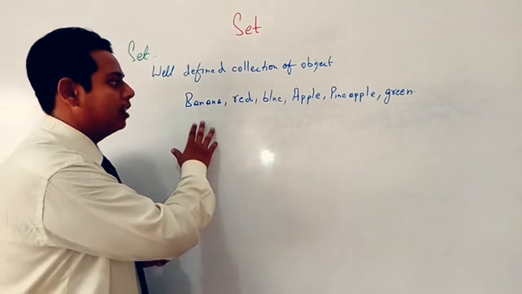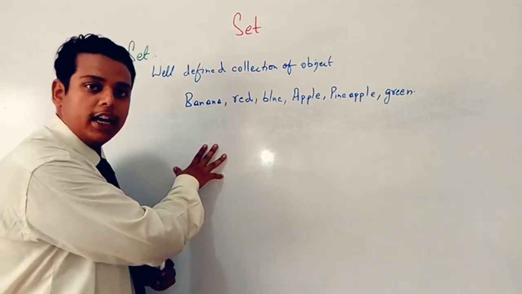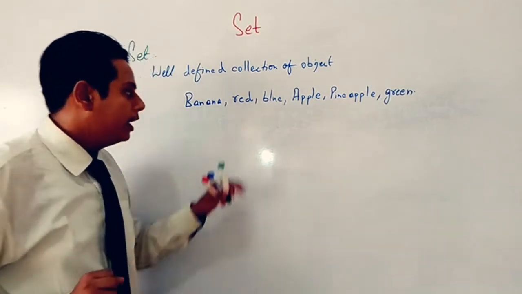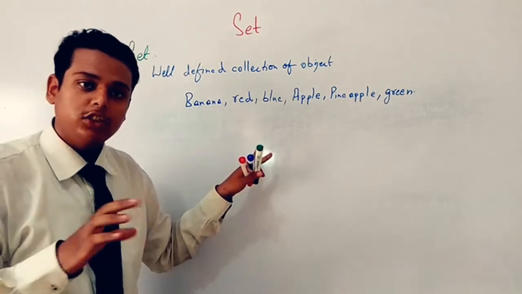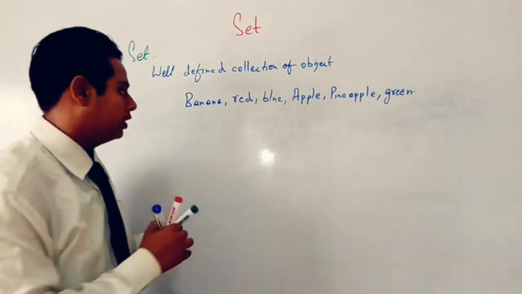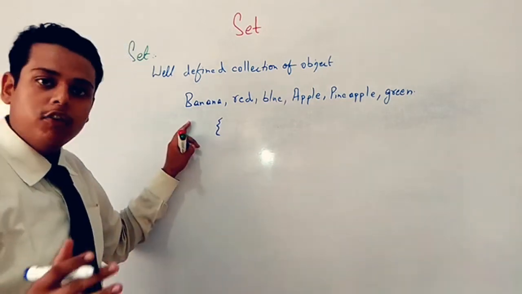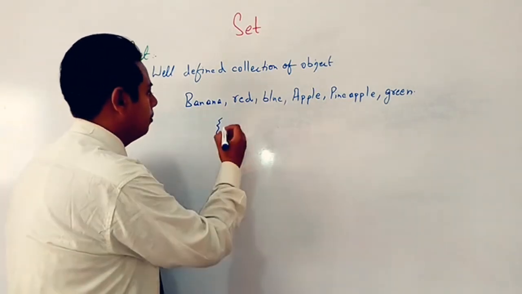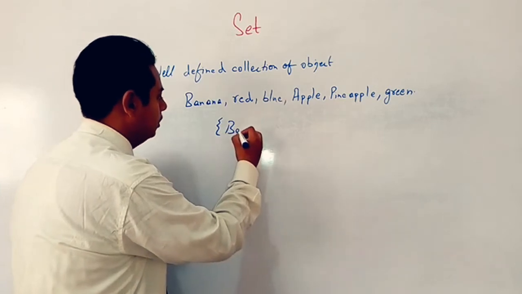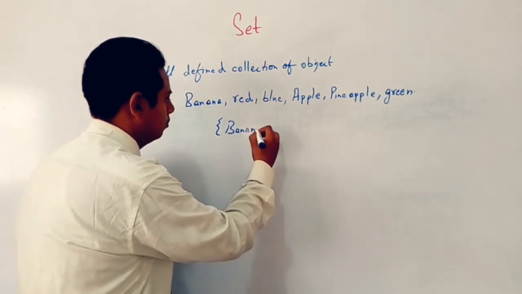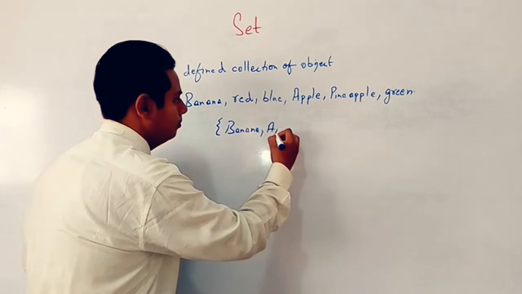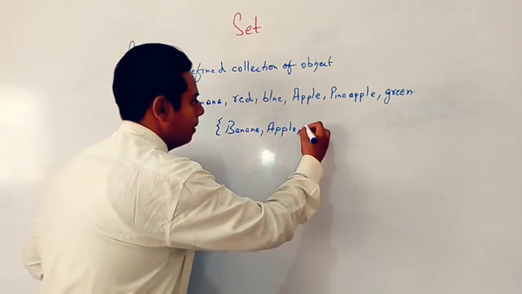Good. इनमें से क्या है? कुछ जो है वो fruits हैं और कुछ क्या है? Colors हैं. Now, if we just separate out these two, let's suppose first of all I am just separating out the fruits. So I am making a group of fruits: banana, apple, and pineapple.